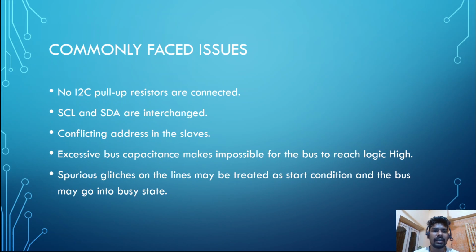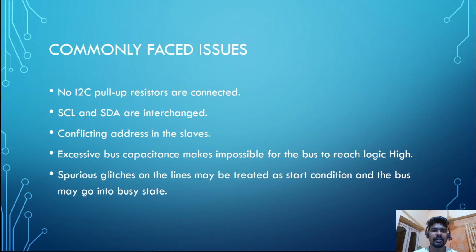The commonly faced issues in I2C communications are these. Pull-up resistors may not be present. If there is no pull-up resistor, the bus may not work. The SCL and SDA lines may be interchanged between the master and slave. If they are interchanged, we need to swap those lines.